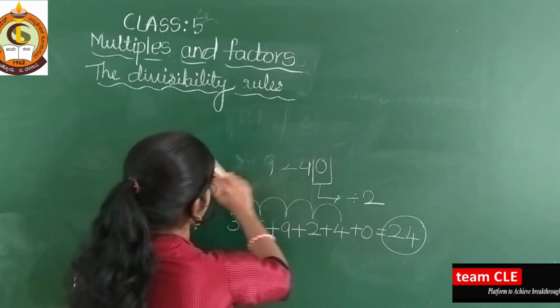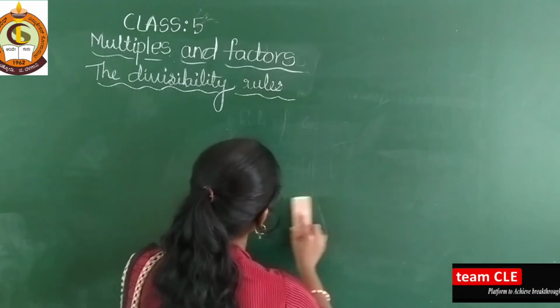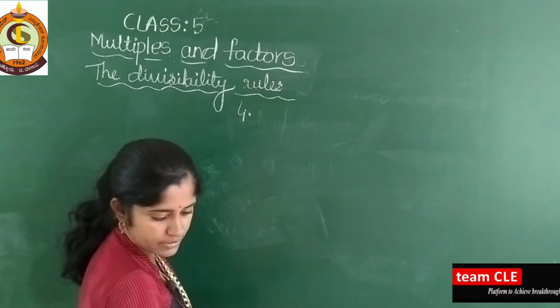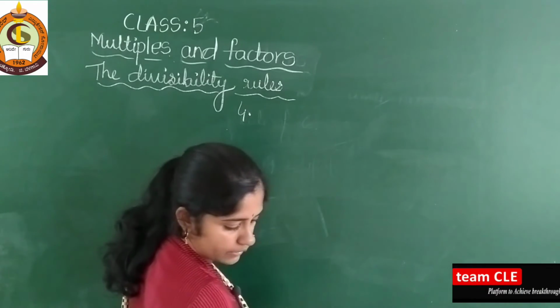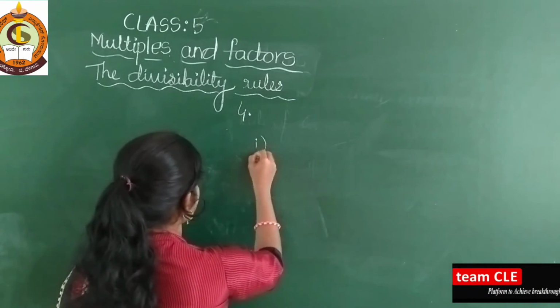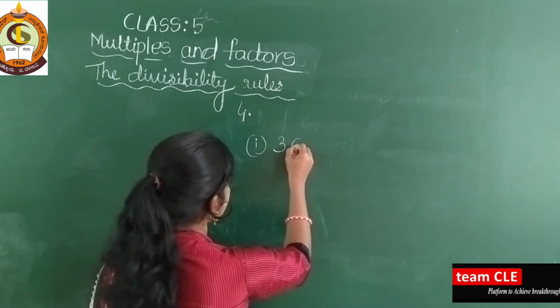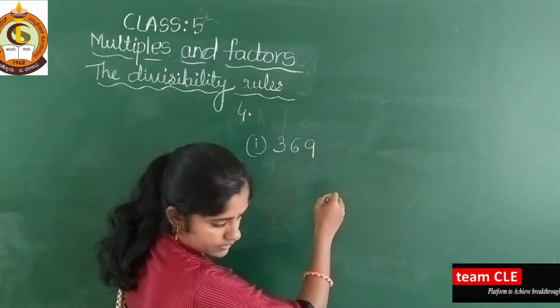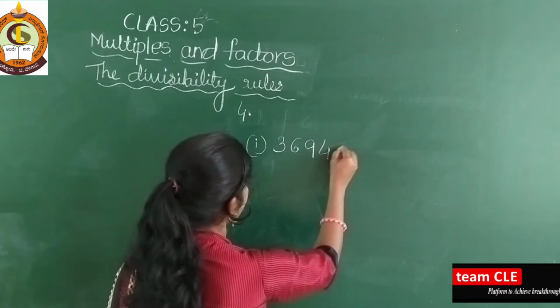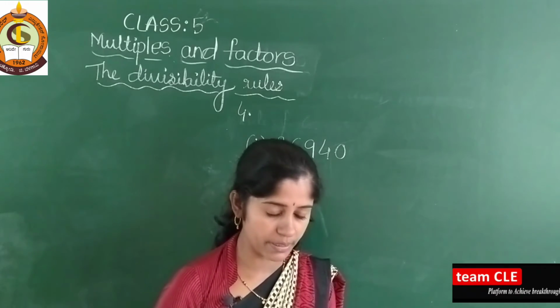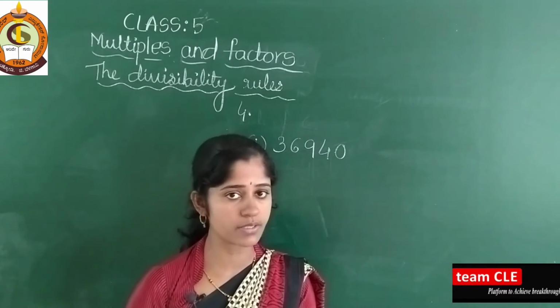Fourth one, and that is your My Practice Time 1. See here, the first one is 3, 6, 9, 4, 0. Here you have to check whether the number is divisible by 6 or not.